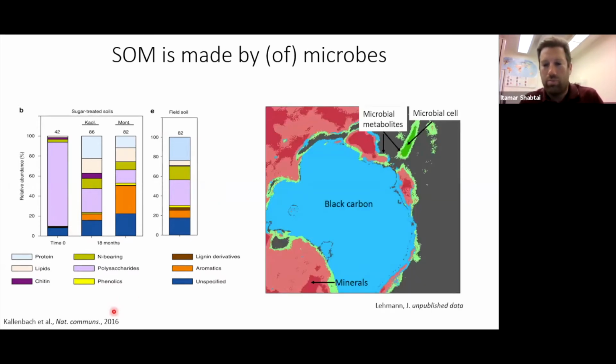A visual piece of evidence for this is from an image taken by Johannes using a soft X-ray spectral microscopy technique called STXM and NEXAFS. And here we see a microbial cell in dark green, surrounded by what is probably microbial metabolites. And it's interesting to see that these microbial metabolites coat the different soil, mineral, and black carbon particles in the soil.